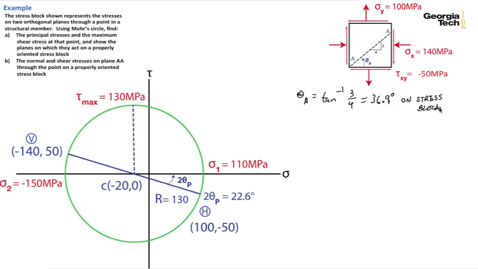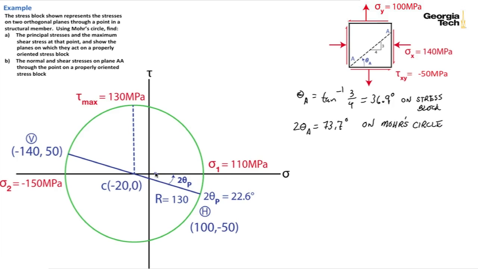But we know on Mohr's circle, that's going to be 2 theta sub A. And if we round off to 3 significant figures, that ends up being 73.7 degrees on Mohr's circle.